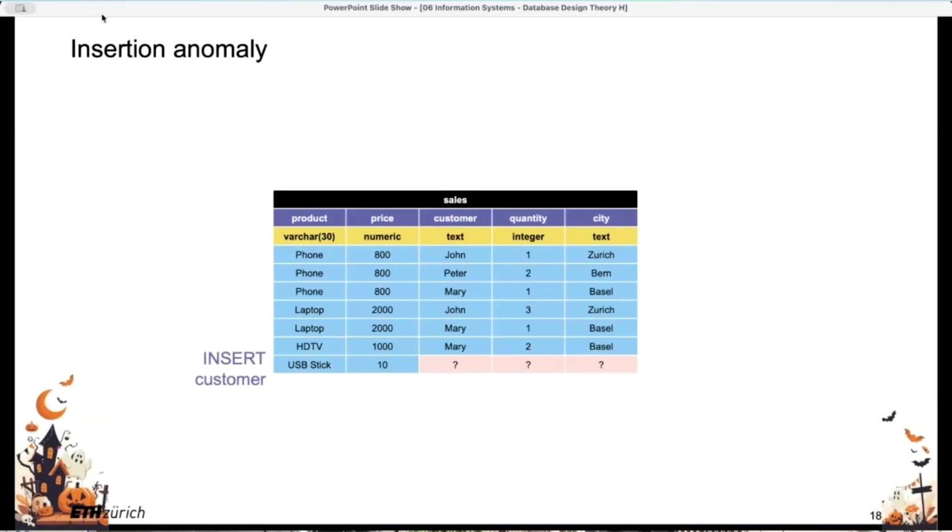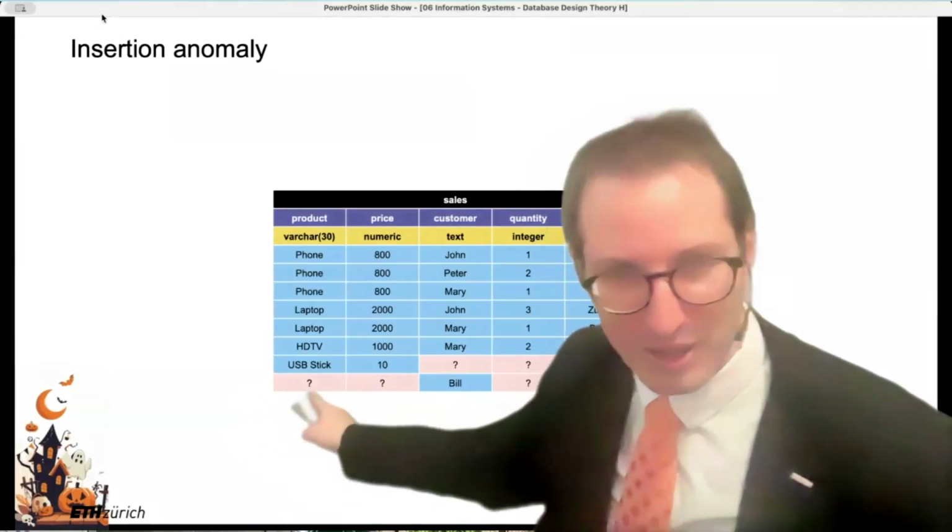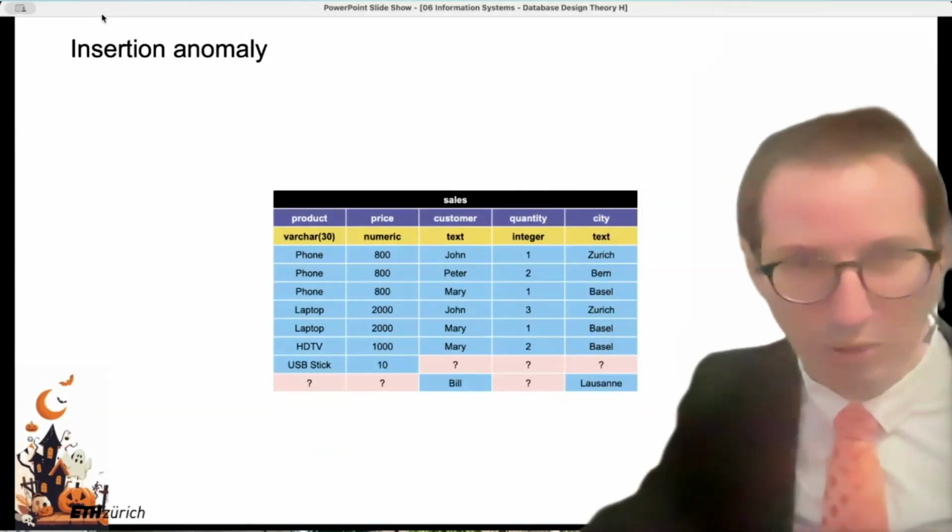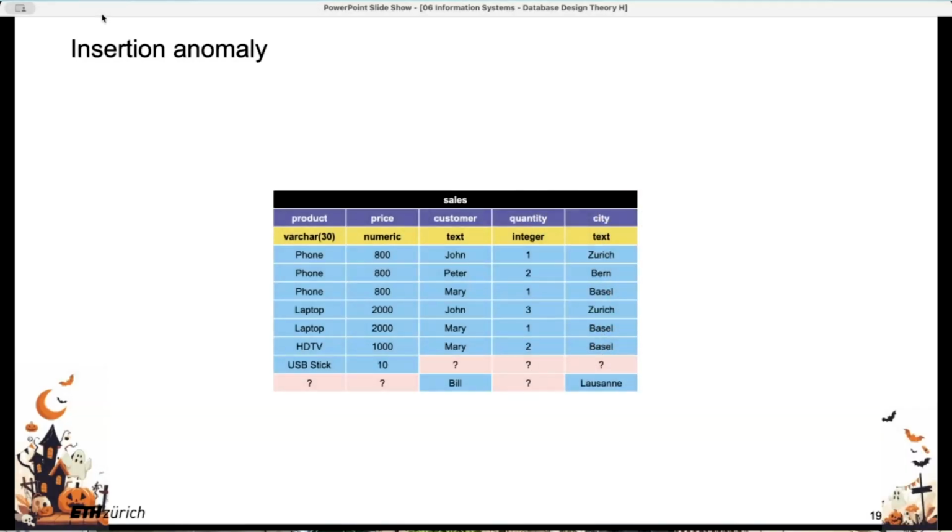If I insert a customer, then I could say, okay, Bill from Lausanne has just registered to the website, but Bill has not ordered anything, so there's nothing in there, no quantity, no product, no price, right? And again, that's not very clean. So we have names for that. That's called the deletion anomaly, an insertion anomaly, and an update anomaly, right? It's when we get in trouble in this way, when we design the table in that way.